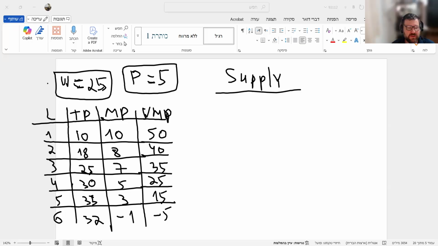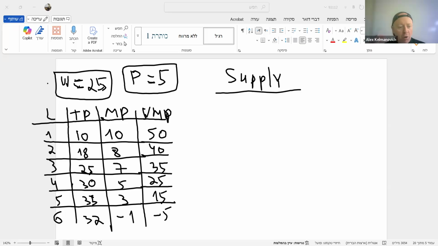How many workers do I need? Exactly, how many workers to take or how many donuts to produce. Yeah, it's the same decision. Okay? So now look at the table and tell me, how much labors would you take in this situation if your goal is maximum profit?